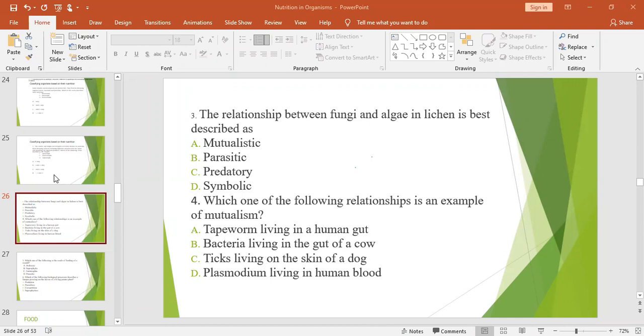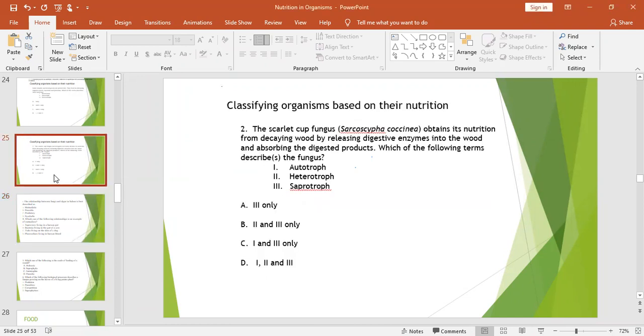Number 2. Teacher, why are you saying the answer is C? Not C. The answer is A. I'm sorry if I had said the answer is C. The answer is A, which is the most correct.